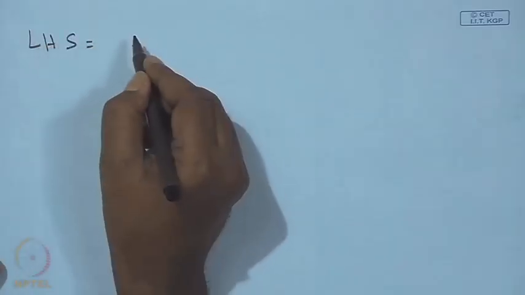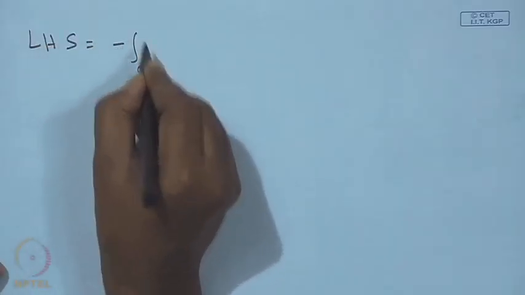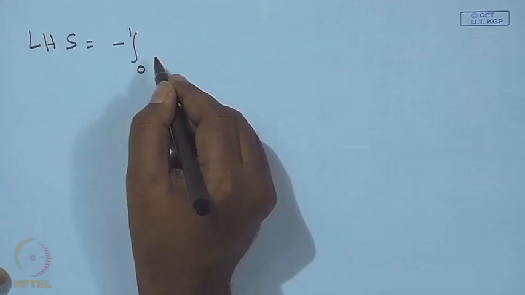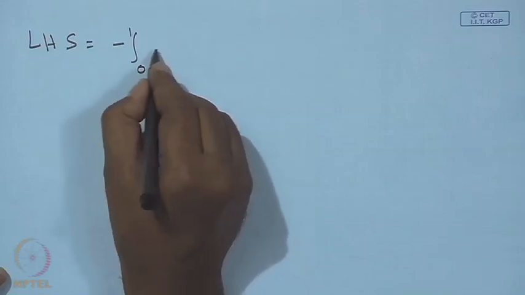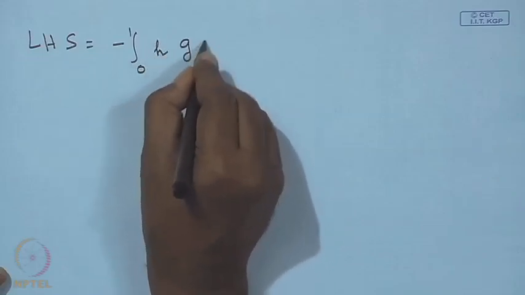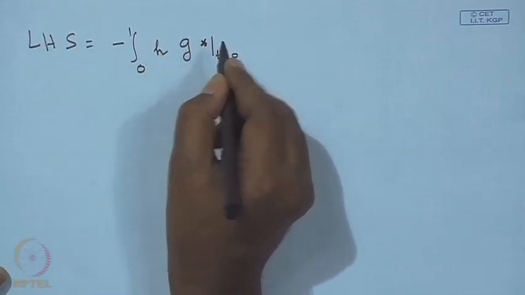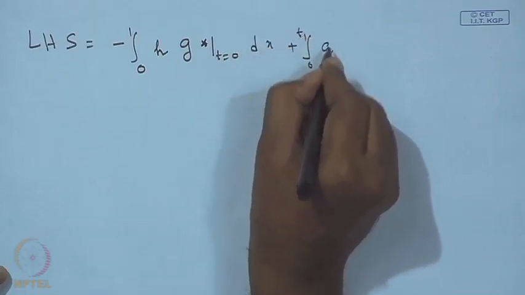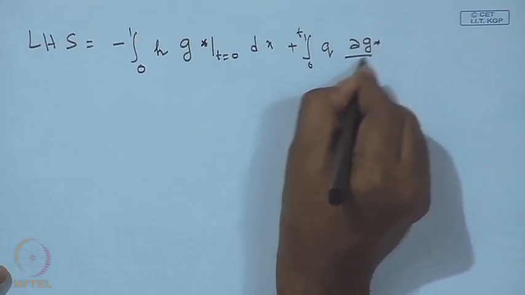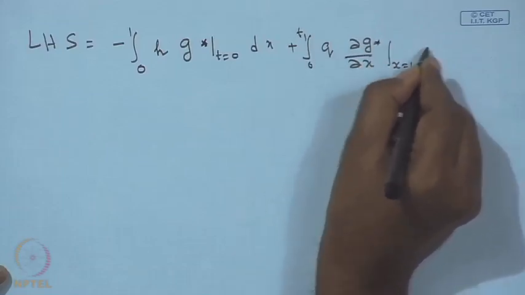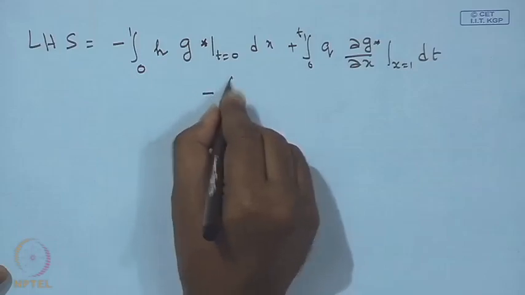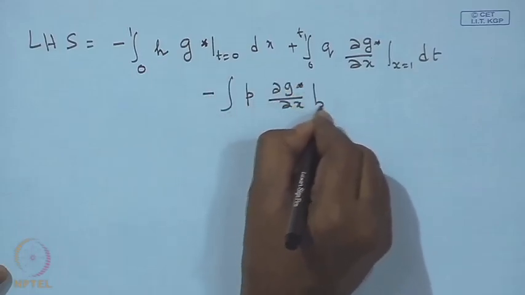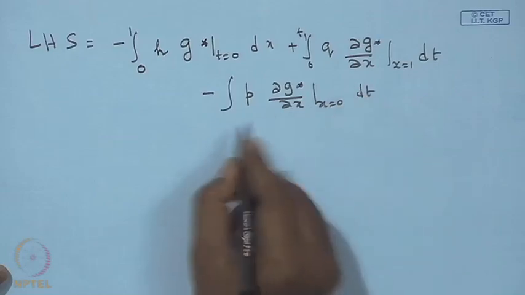So, whatever is left on the left hand side is this. On the left hand side we have minus integral 0 to 1 of g* at t equal to 0 times u at 0, and u at 0 becomes h. So, h g* at t equal to 0 dx plus integral 0 to t1 of q ∂g*/∂x at x equal to 1 dt minus integration p ∂g*/∂x at x equal to 0 dt.